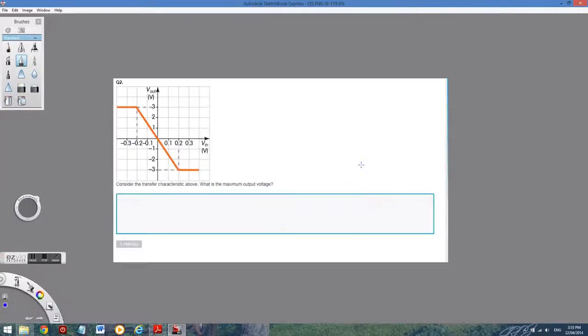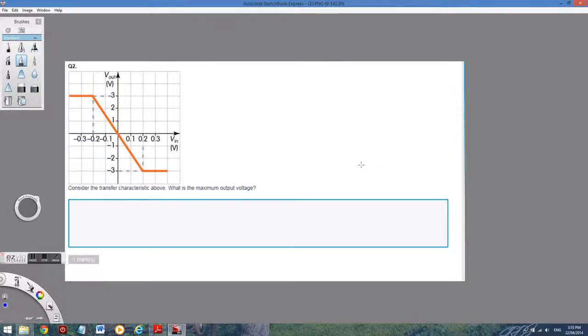Now the next question. For the same amplifier, what's the maximum output voltage? If you read the graph, it doesn't matter what the input is, the maximum output is going to be 3 volts.